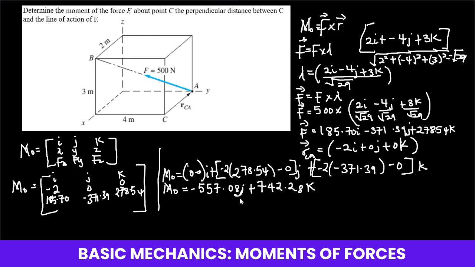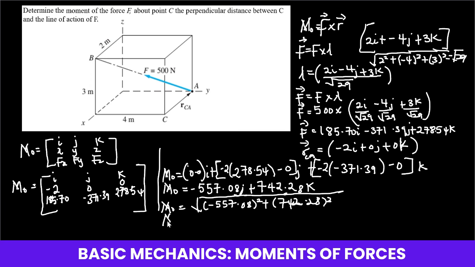Now we are done with this. If you want to find the perpendicular distance, what we are going to do is simply find the magnitude of this to get the moment, because we want to get rid of the components. So you find the square root of negative 557.08 all squared plus 742.28 all squared.